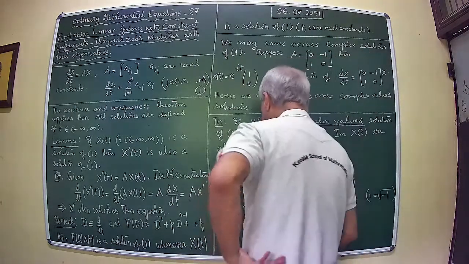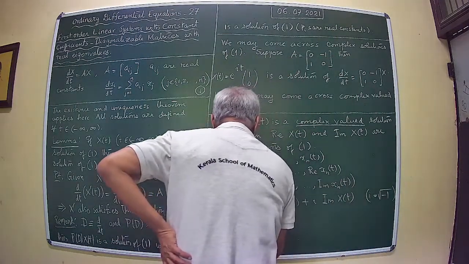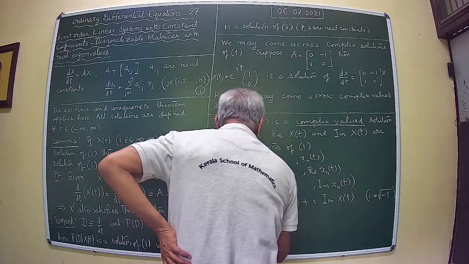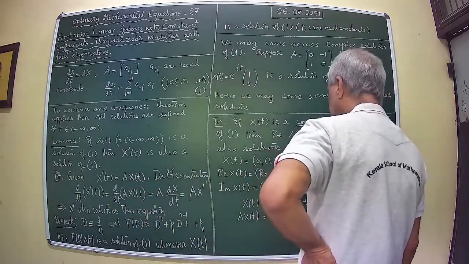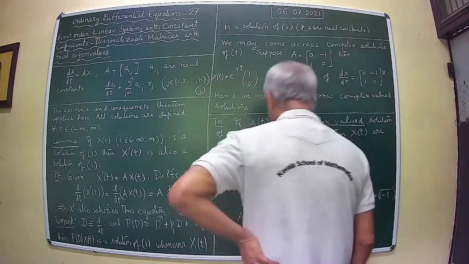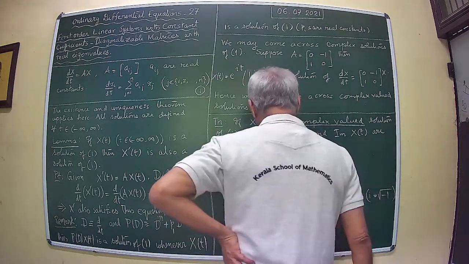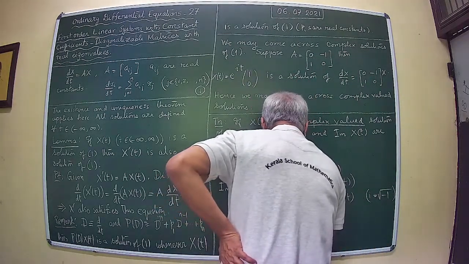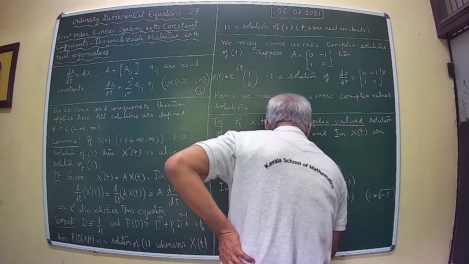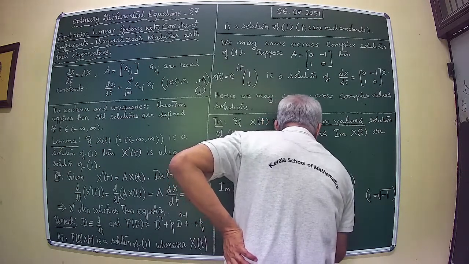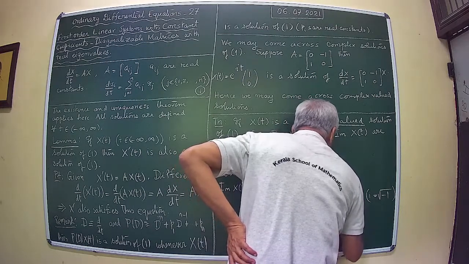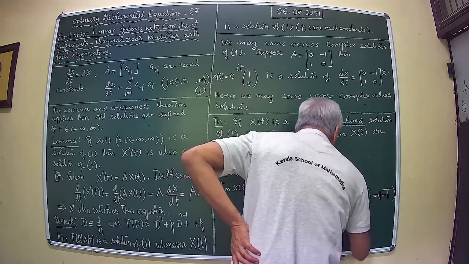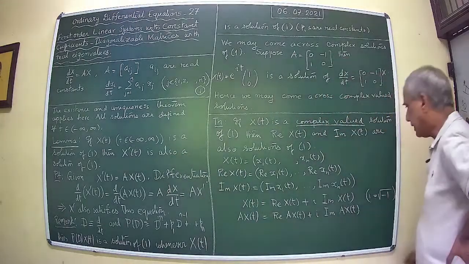Then you see that A x(t) is equal to, since A is real, therefore it is the real part of, because A is real.